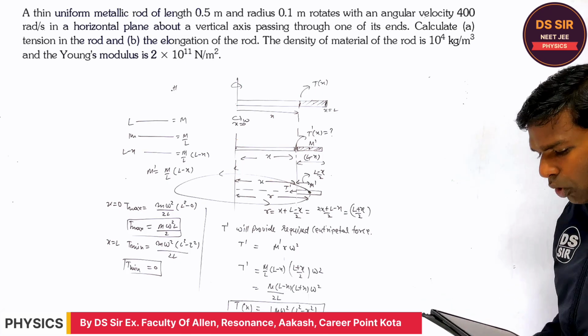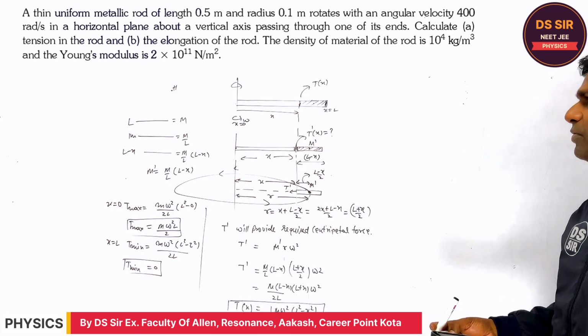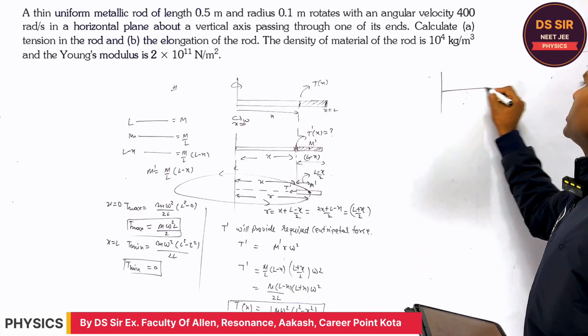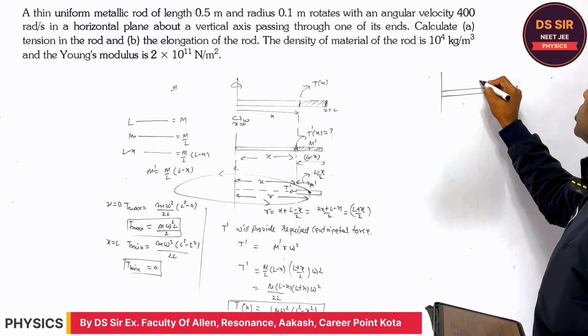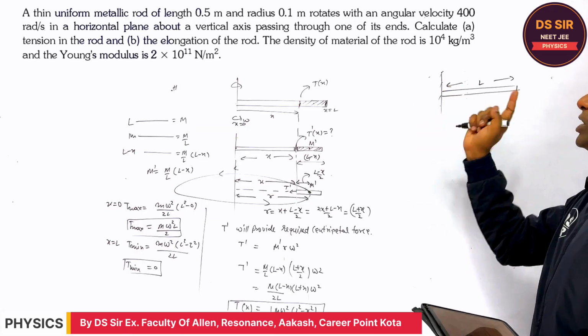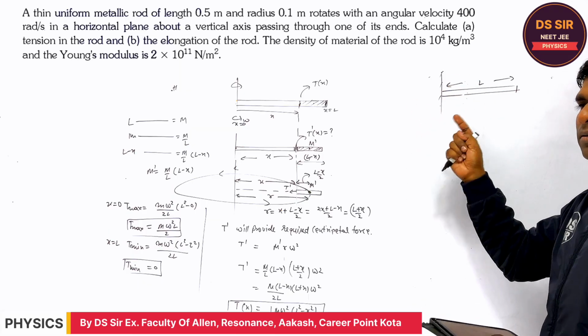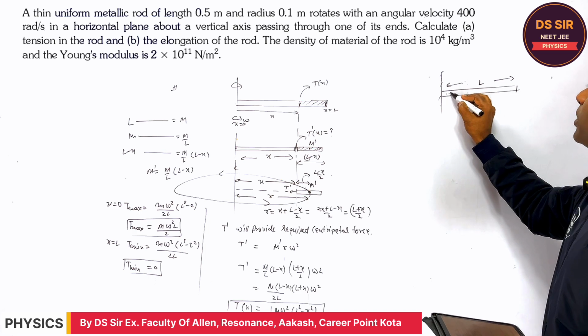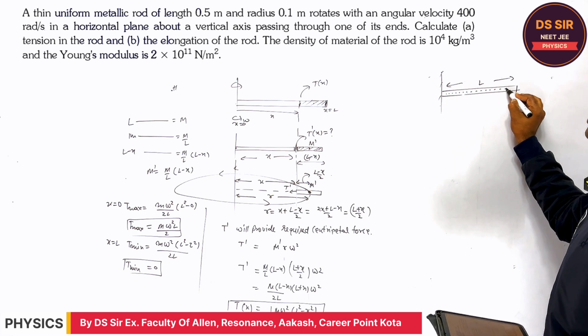Now, the elongation of the rod. Listen one thing. If this rod was at rest like this, its length is L. Now, because of rotation, the tension is produced at every point. Is it clear or not?